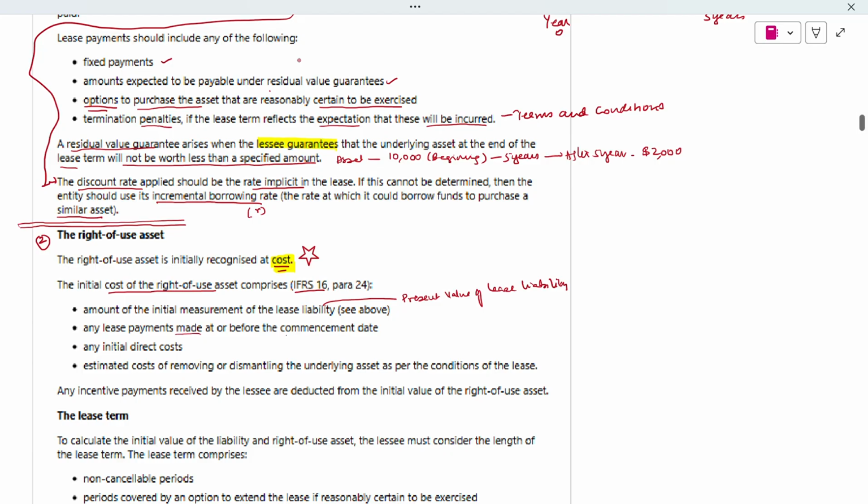If you have made any advance payments, you have to add them. Any prepayments, you should not discount. Anything you have paid at the beginning of the lease, very clearly at the beginning of the lease.